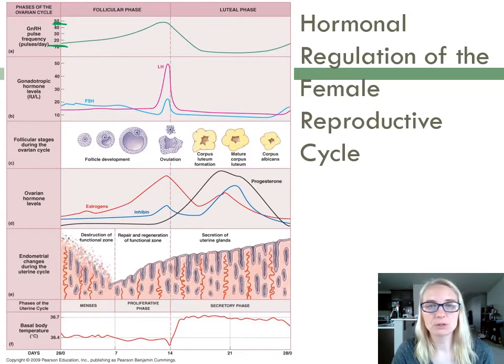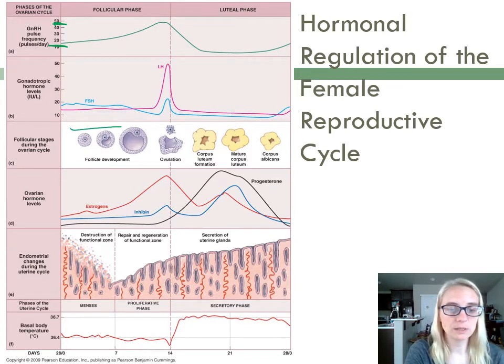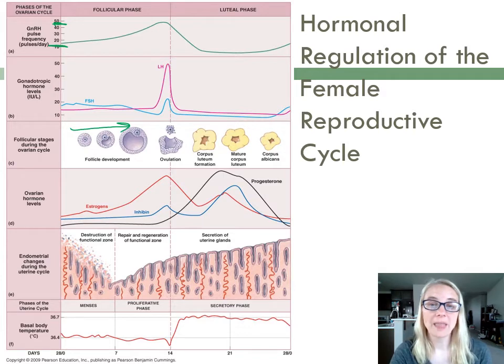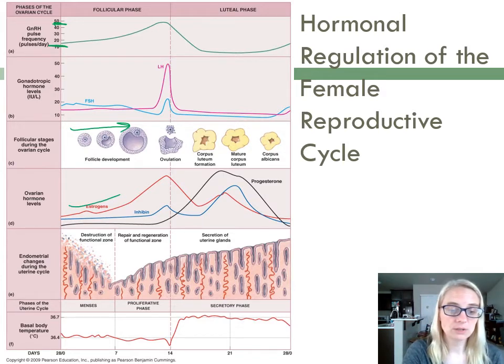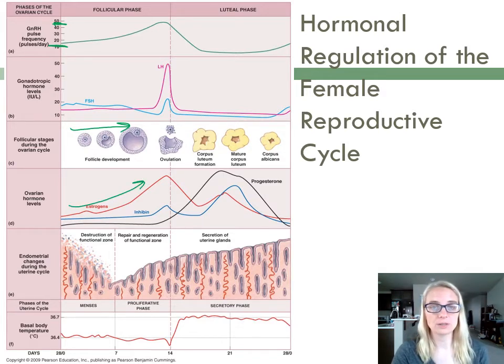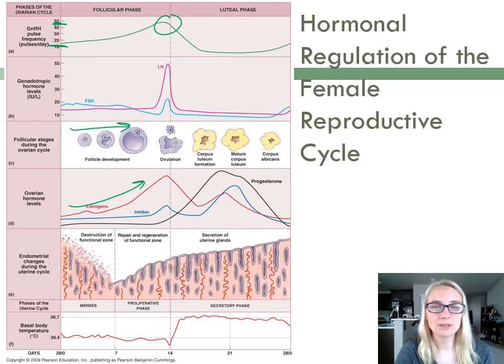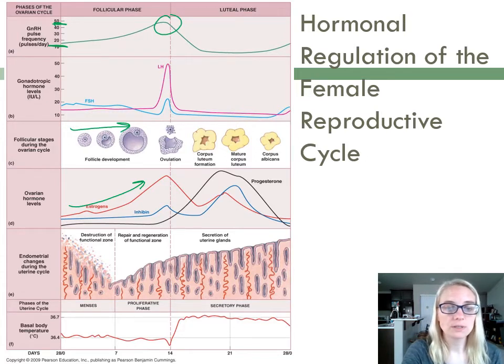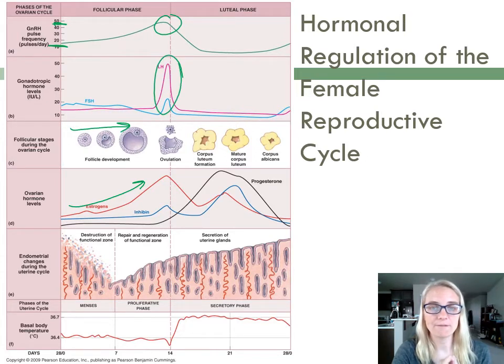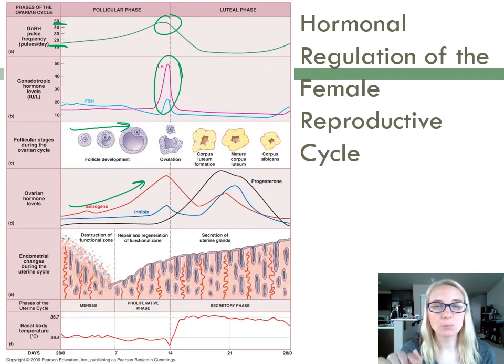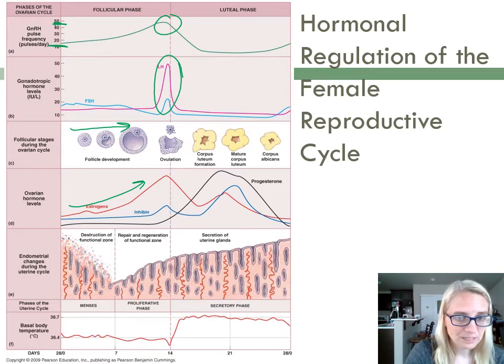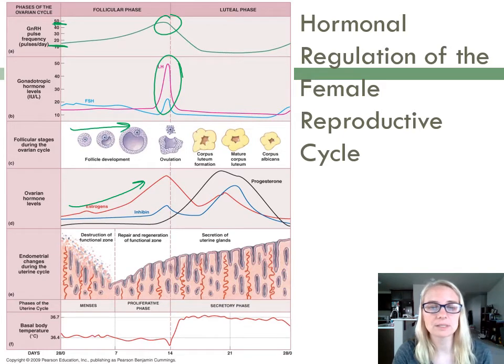FSH, remember, is follicle stimulating hormone, so we're stimulating these follicles to secrete estrogen, and we can really start seeing those estrogens increase as the follicle gets bigger, going towards day 14. At day 14, we reach our highest GnRH pulse frequency. We see these peaks of LH and FSH, and it's primarily that really high peak of FSH going from like 15 units all the way up to 50 units on this scale.